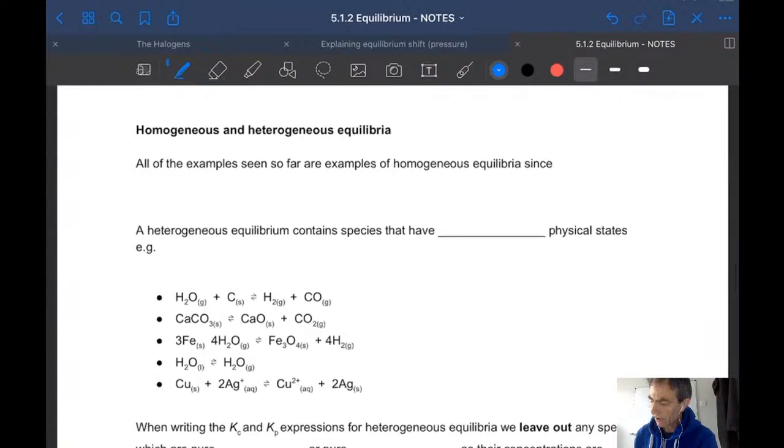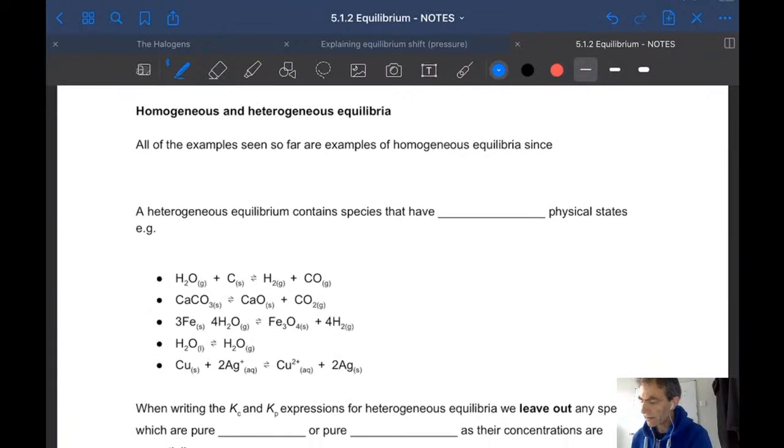So the first thing we're looking at this afternoon is the difference between homogeneous and heterogeneous equilibria, and then we will have a look at some heterogeneous calculations. The final part of the lesson is explaining equilibrium shifts in terms of the equilibrium constant rather than in terms of Le Chatelier's principle.